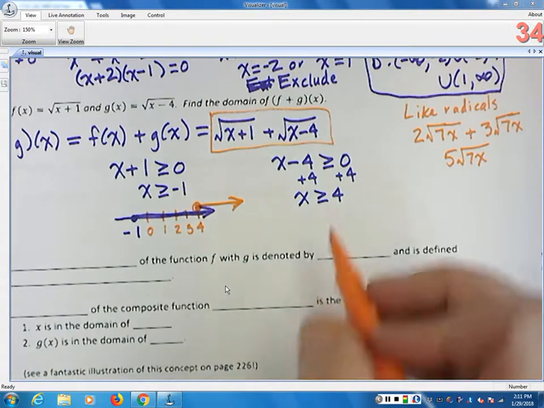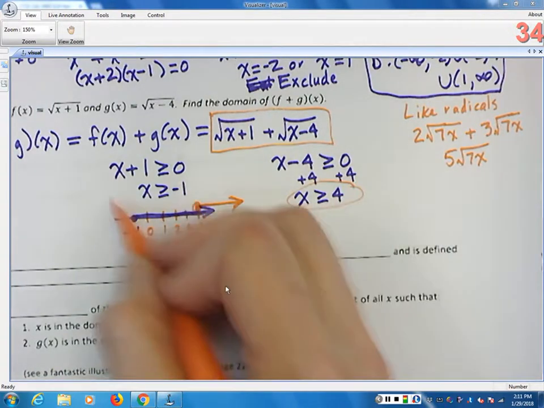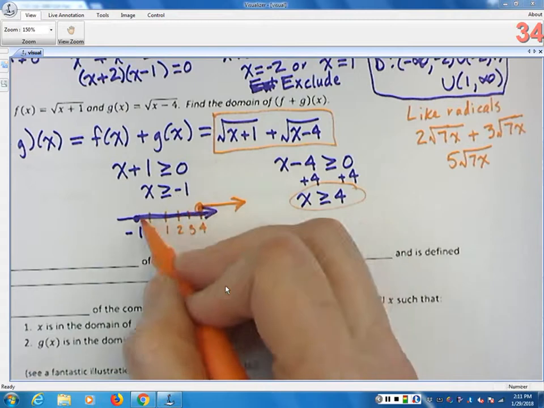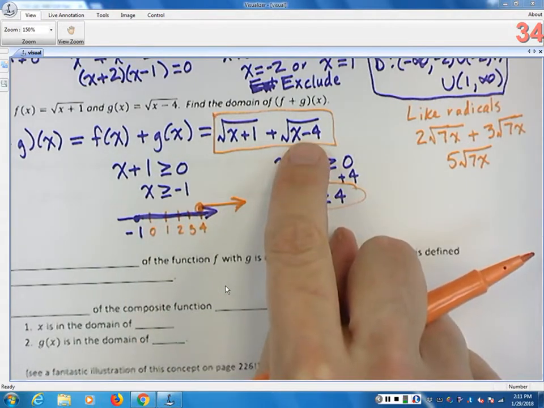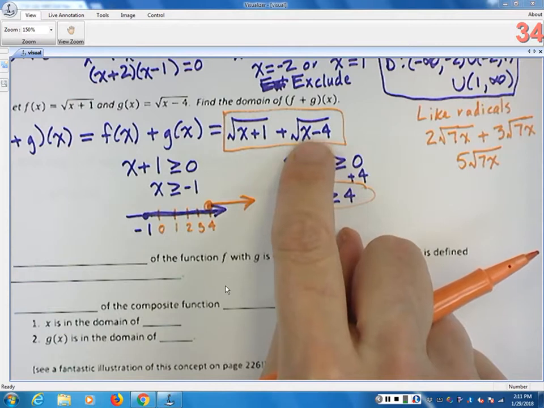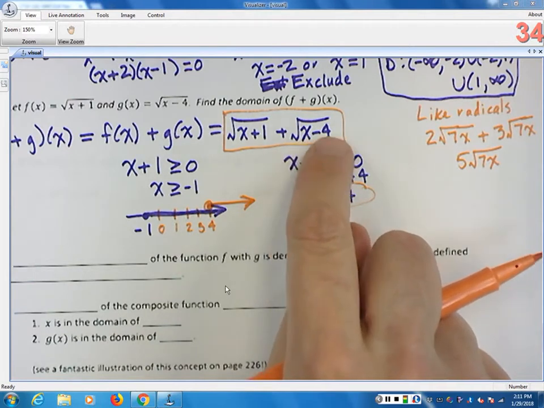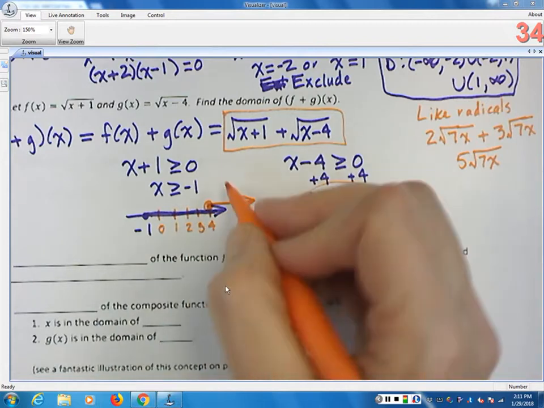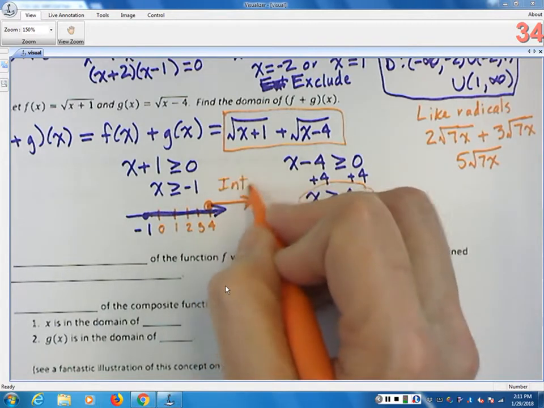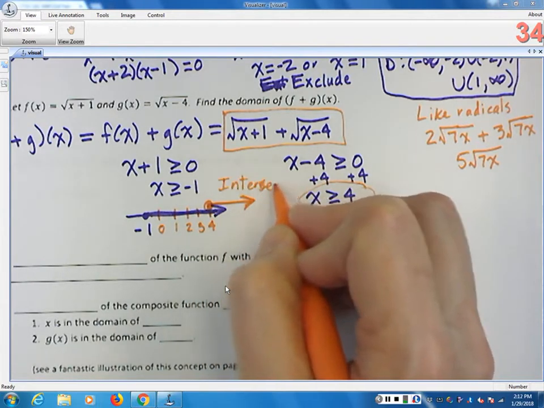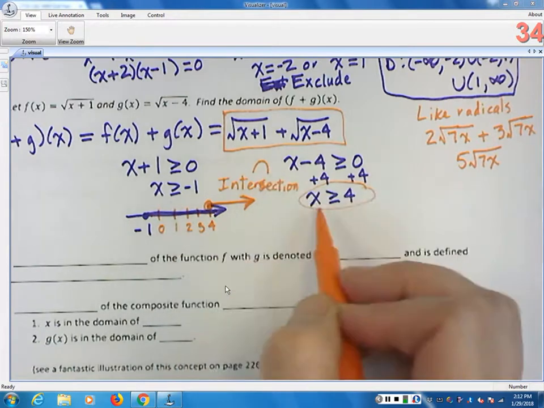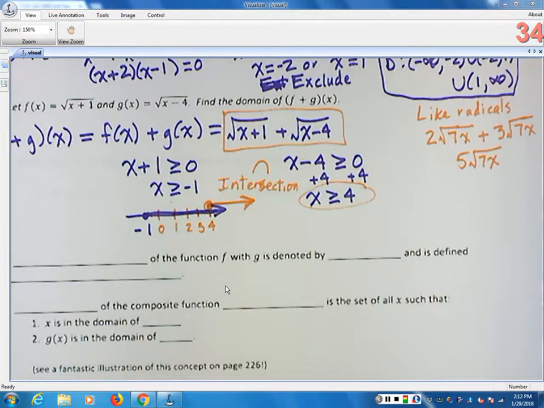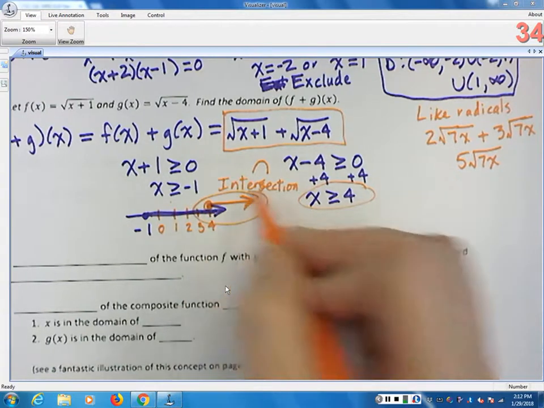So is the domain this or that one? Well, what happens if we put in 0 in this one? If you put in 0, you're going to get square root of negative 4, and that's not a real number. So we have to take the intersection. Where they overlap is just this.